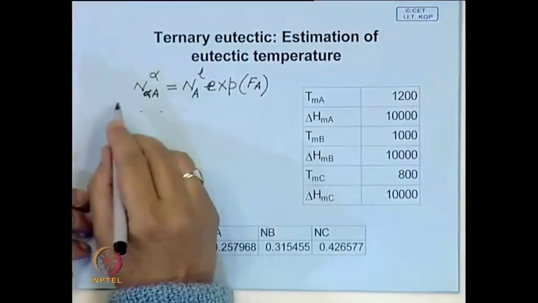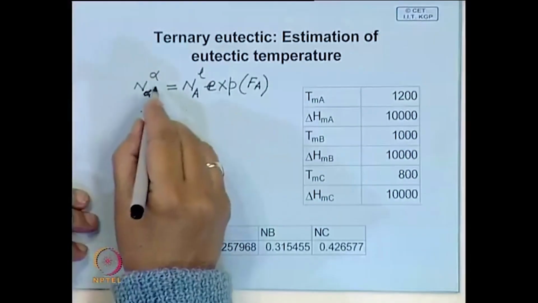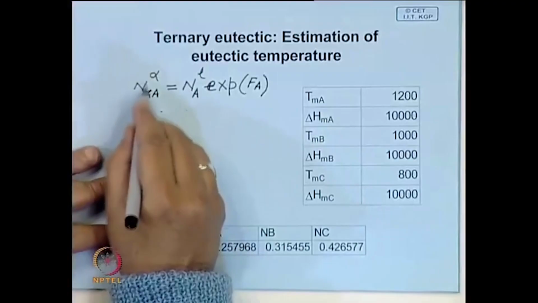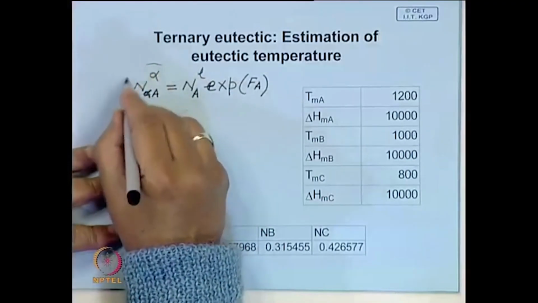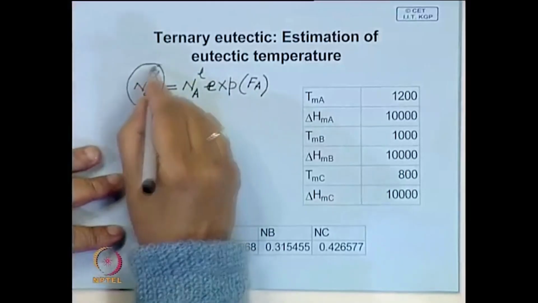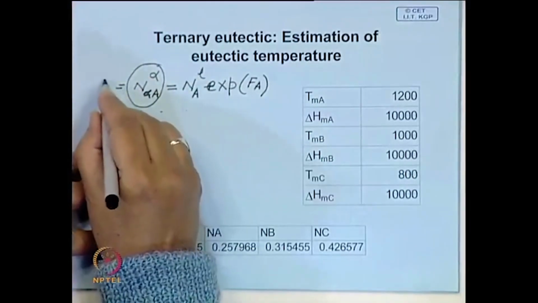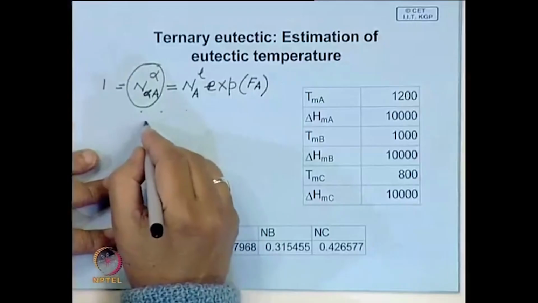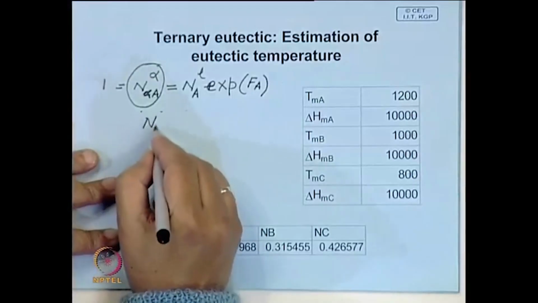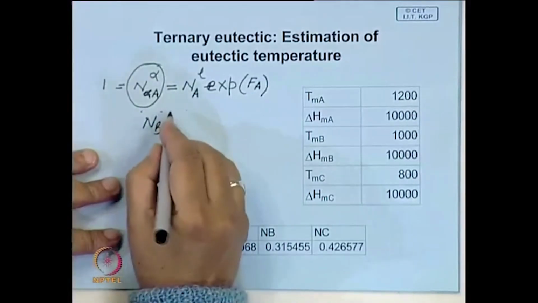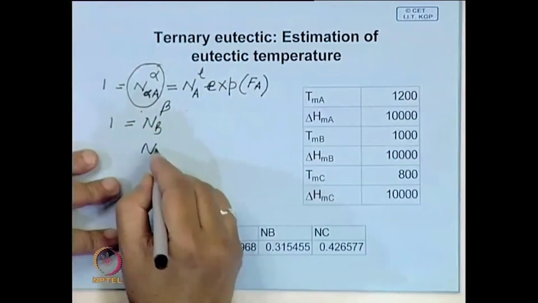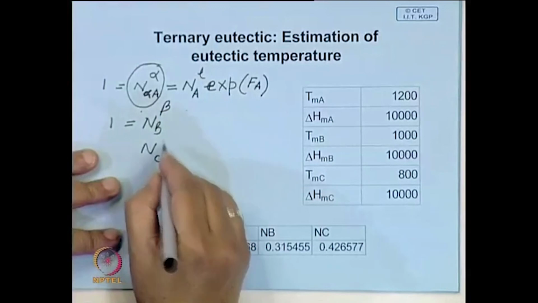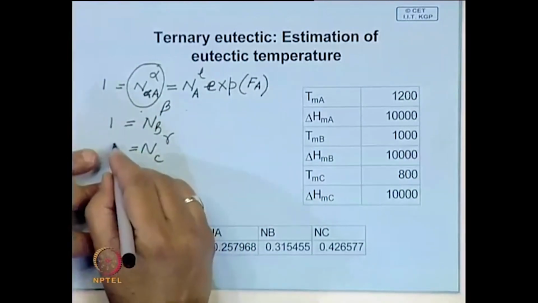Let us try and simplify it even further. We assume that alpha is pure A, so N A alpha is equal to 1. Similarly, N B beta is equal to 1, and N C gamma is equal to 1.